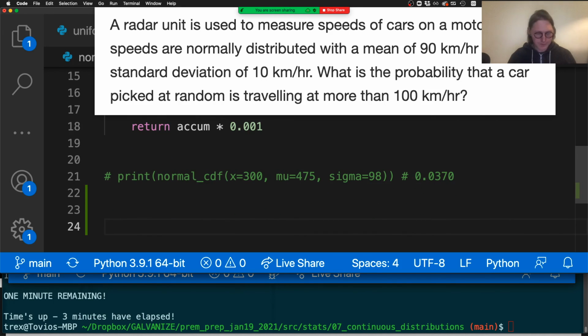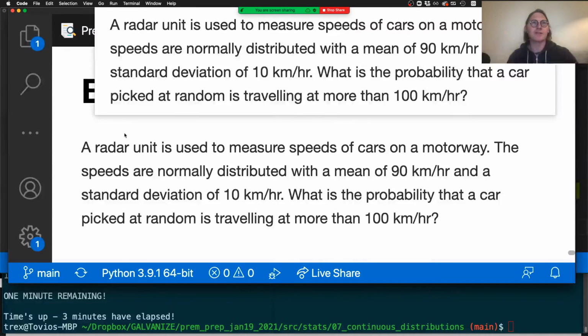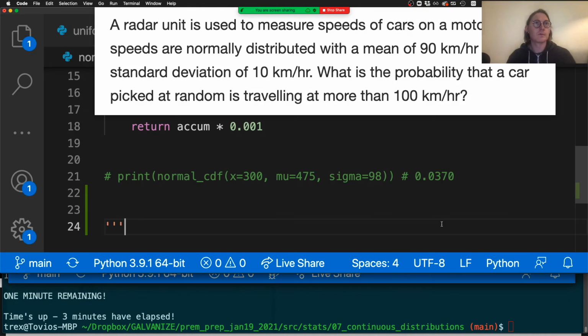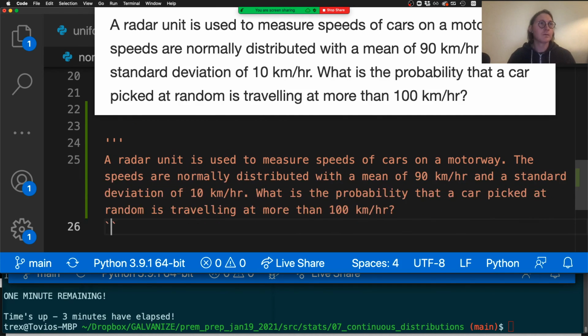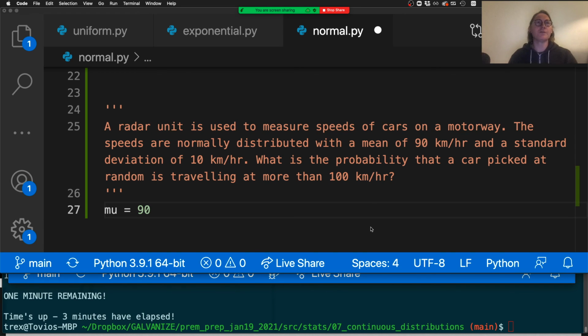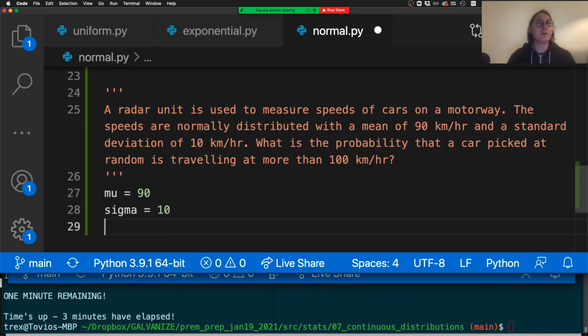Okay, so, you know what? I should just copy all this text. Okay, so we've got a mean of 90, standard deviation of 10, so sigma of 10.